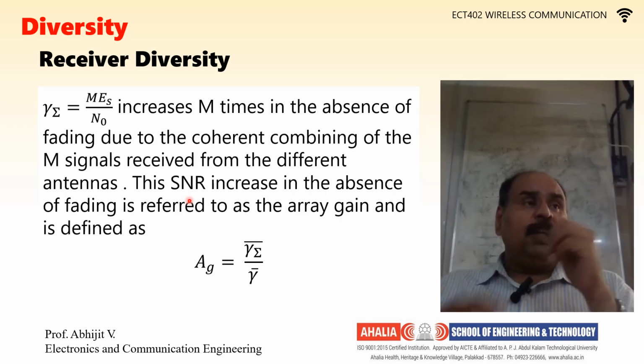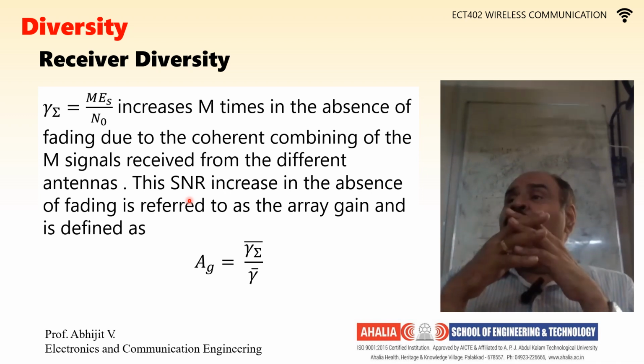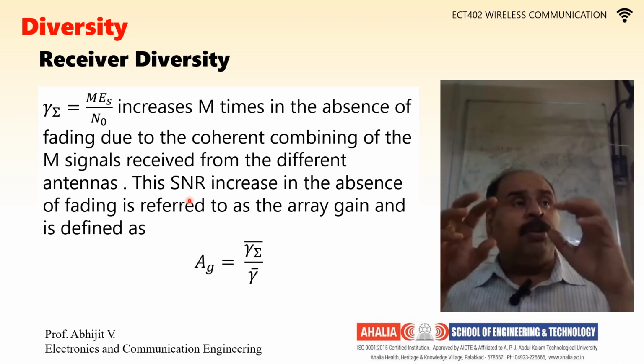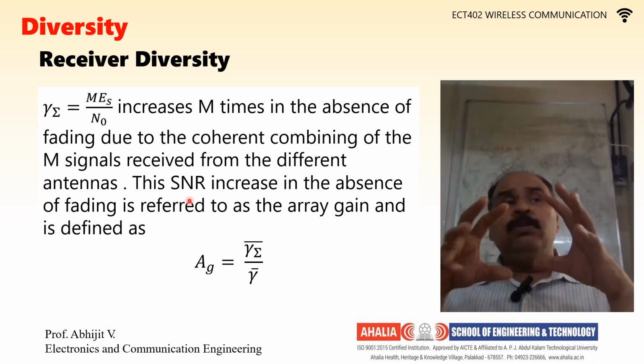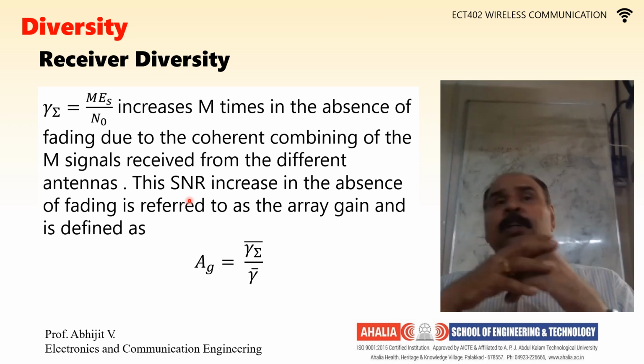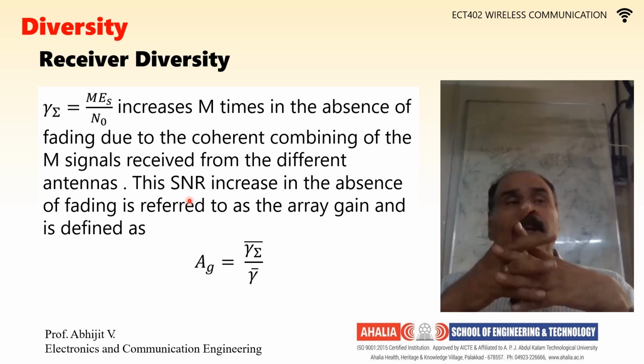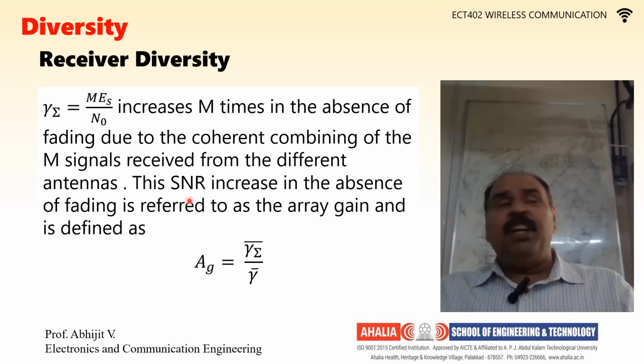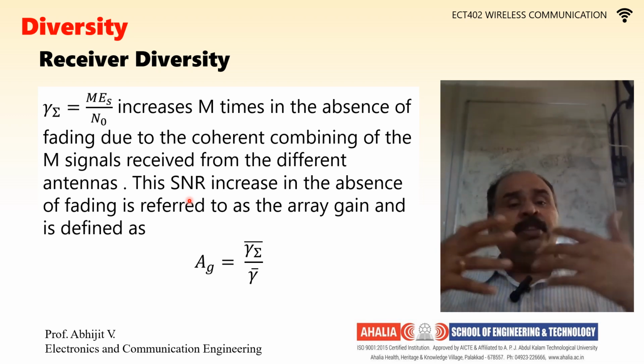So the significance of receiver diversity, you may get a short question: how significant is receiver diversity, or what happens to the signal to noise ratio while using an M branch diversity?